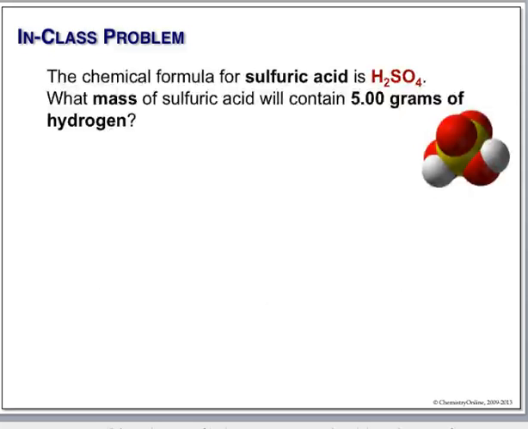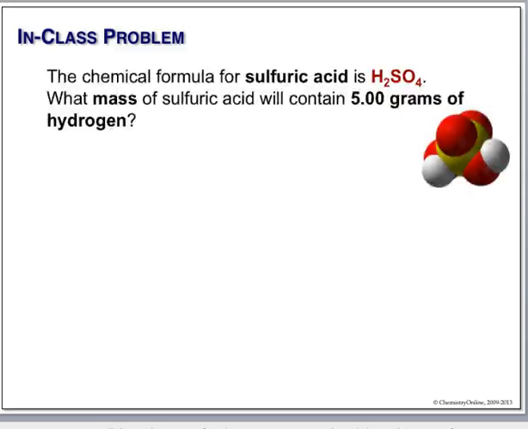This is sulfuric acid. Sulfate, we all know: 1 sulfur, 4 oxygens. In sulfuric acid, H2SO4, everybody's favorite acid, all you do is put a hydrogen on 2 of the oxygens. We'll talk about that more in chapter 8.